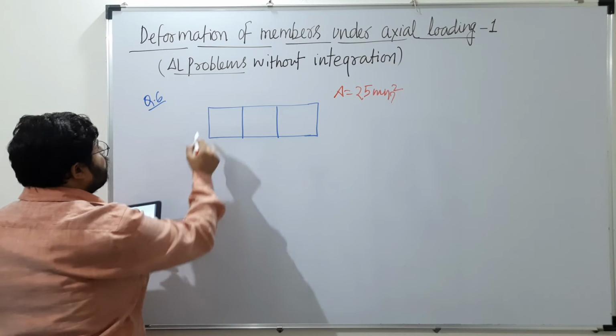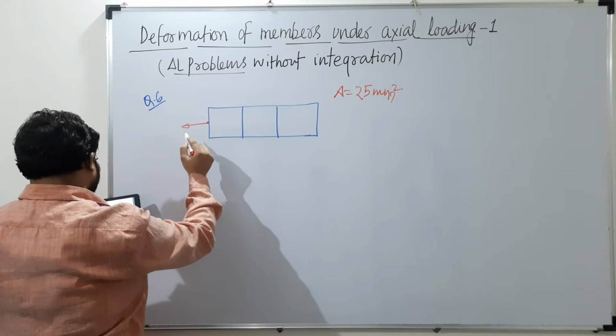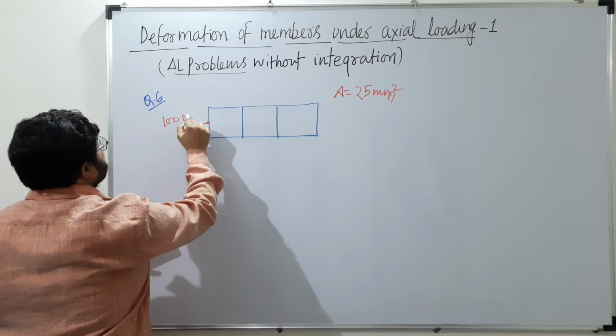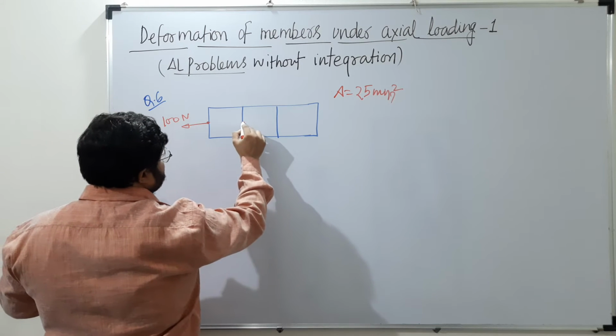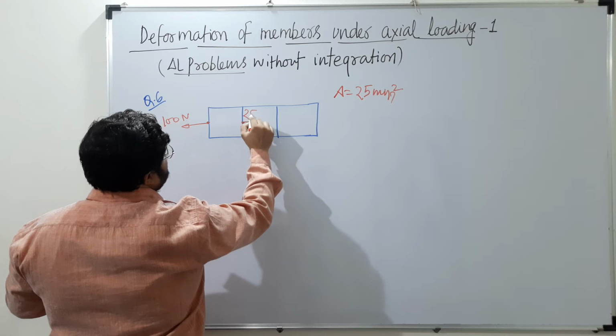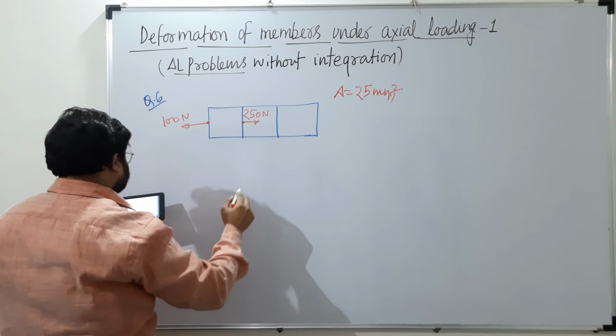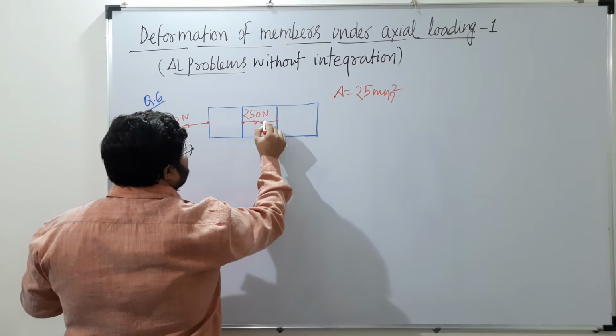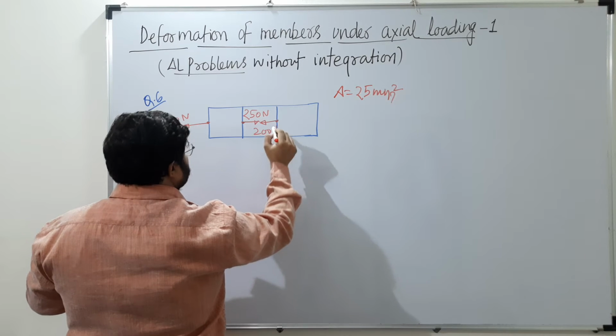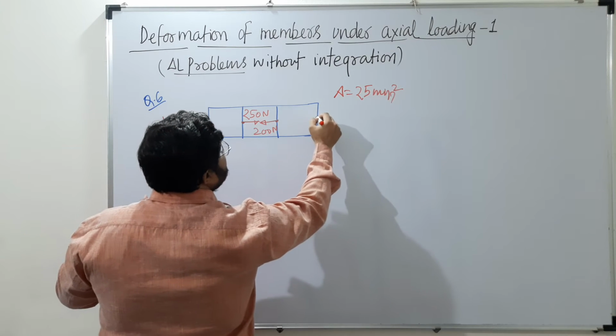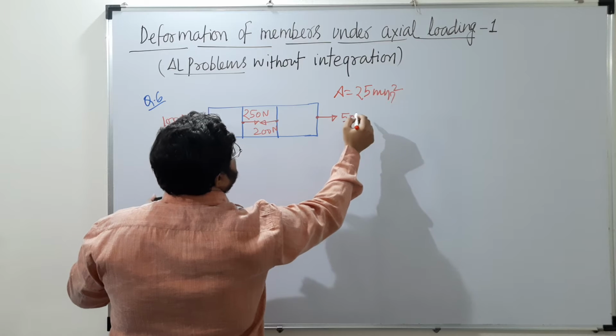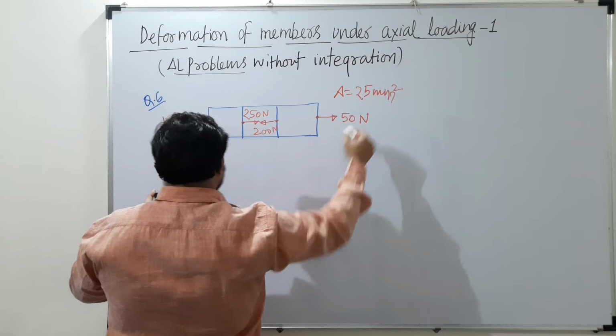The values of load at this point it is given as 100 Newton. At this point it is given as 250 Newton. And at this point it is given as 200 Newton. And at this point it is given as 50 Newton.